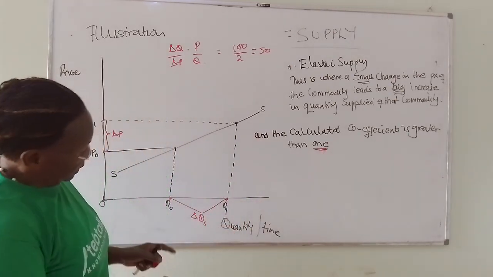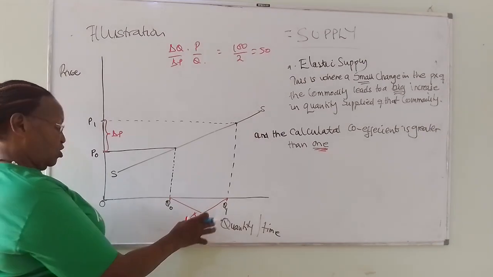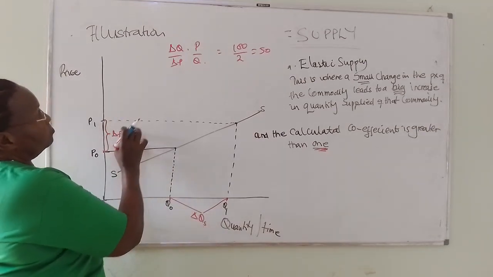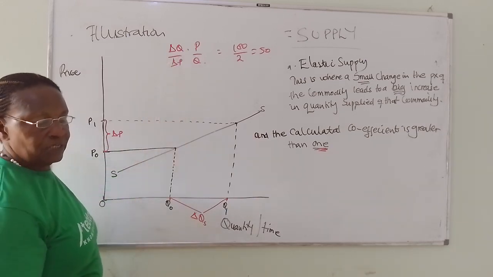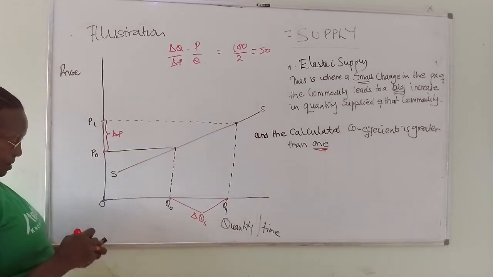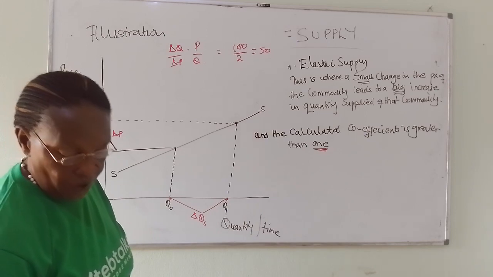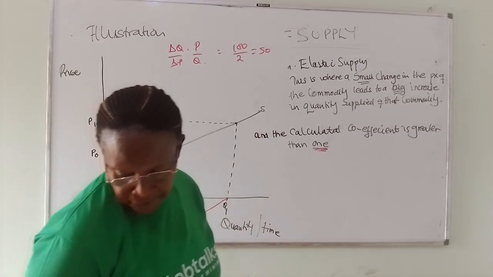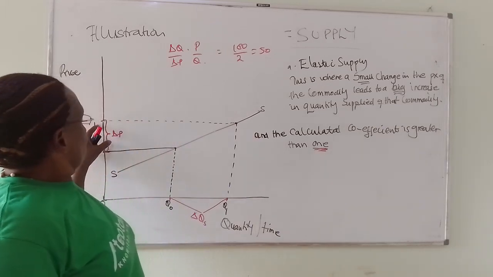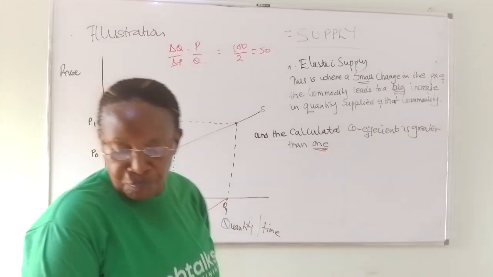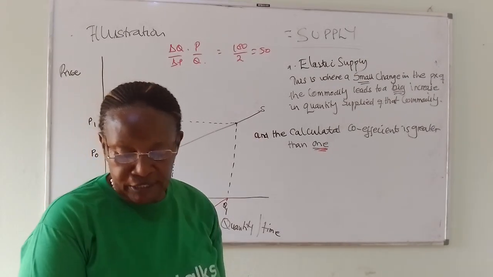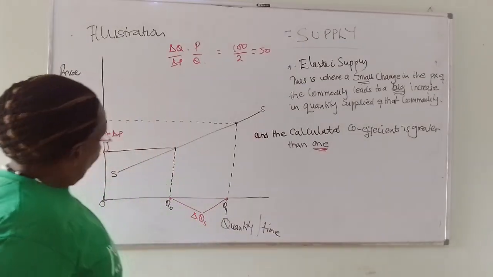So it is because the change in quantity is greater than the change in price, that we tend to get a value which is greater than 1 if we substitute into the formula. So from the diagram, a small percentage change in price is followed by a big or very big percentage change in quantity supplied of the commodity.